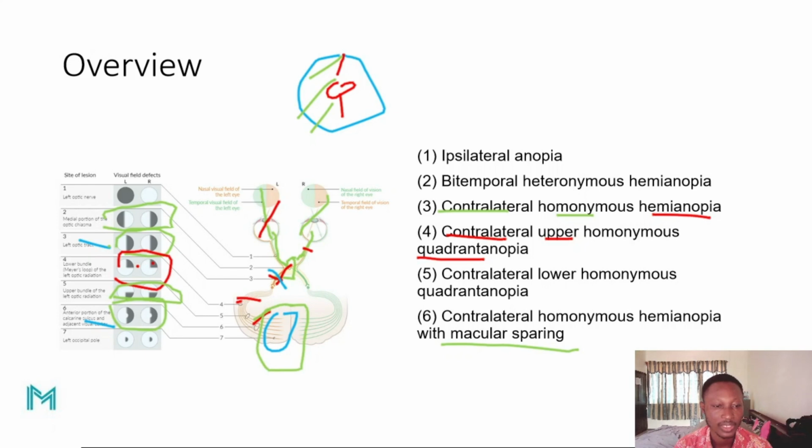But because the macular region has supply from the middle cerebral artery, that place is spared, so you have macular sparing. And that is the visual field loss that you get. All right.